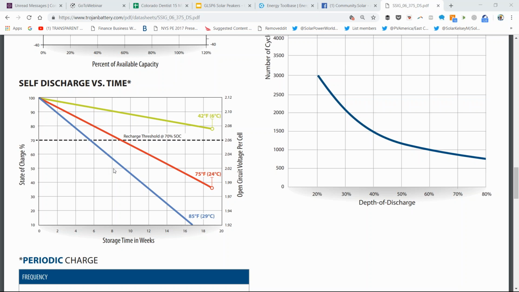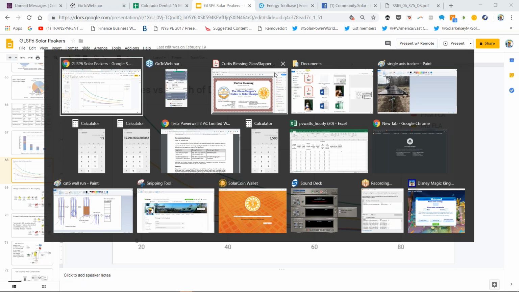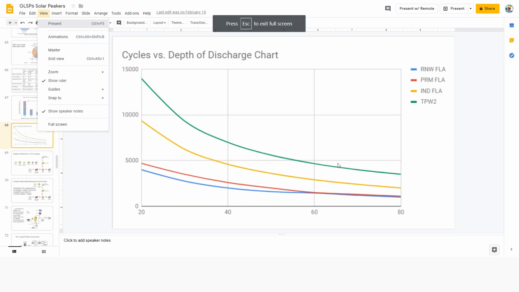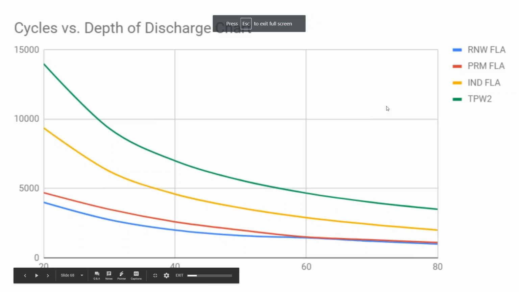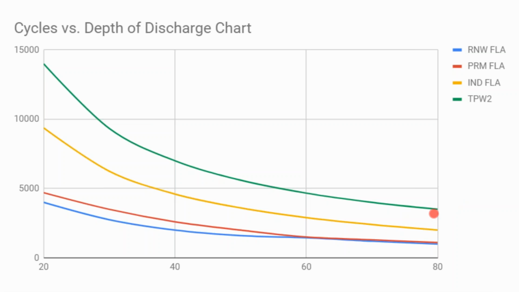So let's go back to this slide. What I've done here is combined these cycle charts and then took Tesla's warranty, which is that's why Tesla is providing a kilowatt hour warranty, where they say our battery is warranted for 37,800 kilowatt hours of output, regardless of how you cycle the battery.